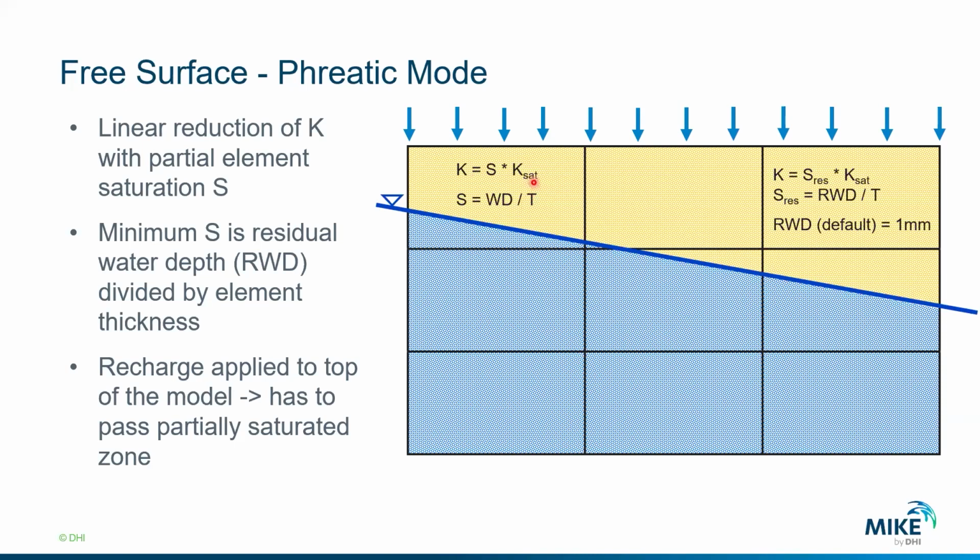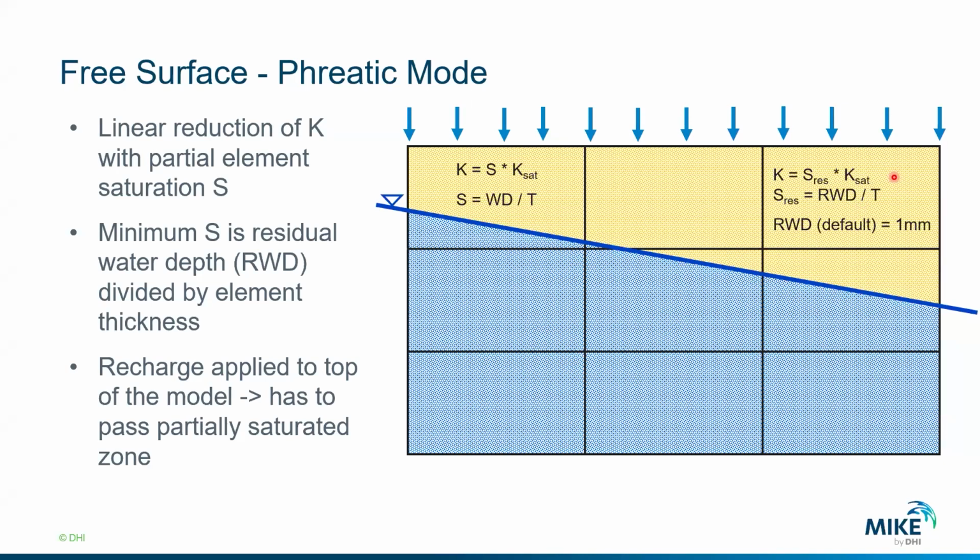However, there is a situation where the water table is below the layer or the specific element, so the column of water is zero. It's not exactly zero in nature, but in this example it's zero. So we cannot handle a zero division, and we need to make some assumptions.